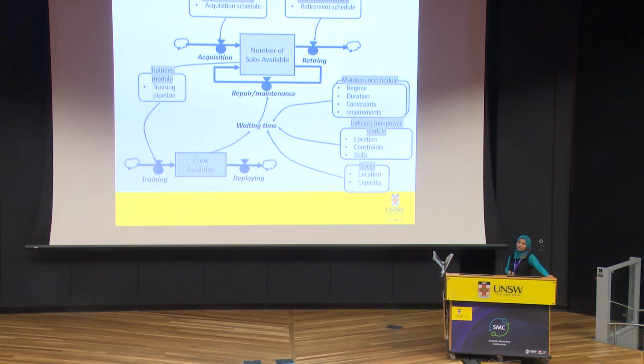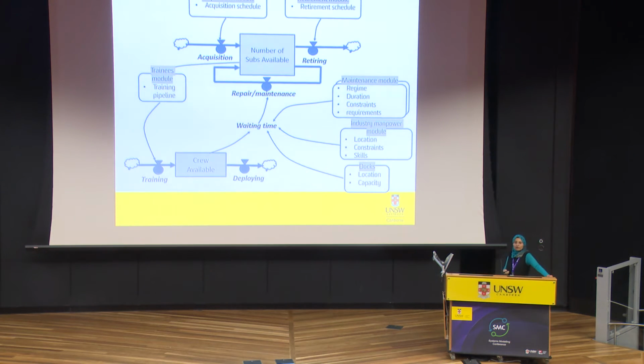But that's not the whole story, because it can come back from maintenance, but still doesn't go straight away for operations because it has still to wait for crew to man the subs. And this brings the left-hand side of the diagram, or the other stock that need to be managed, which is the crew available. And what we have in the model, we have a training module, which captures the training pipeline and how fast the training pipeline generate crew, so they can actually man the submarines.